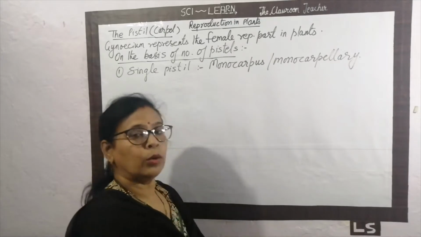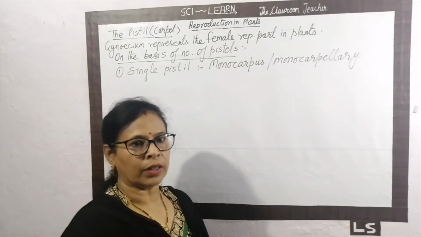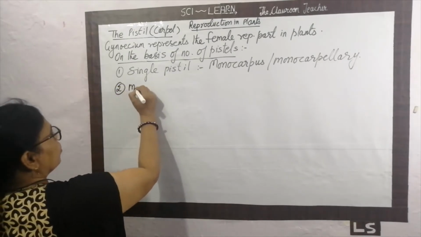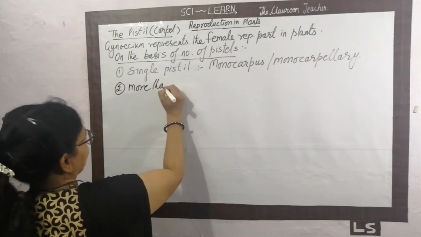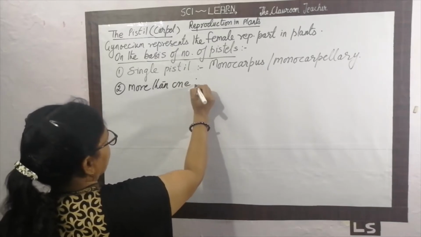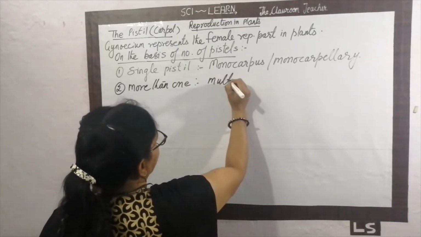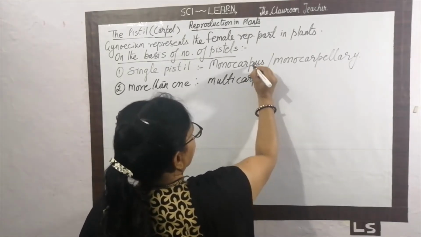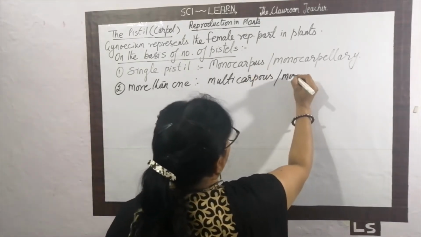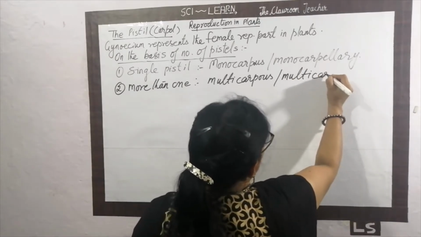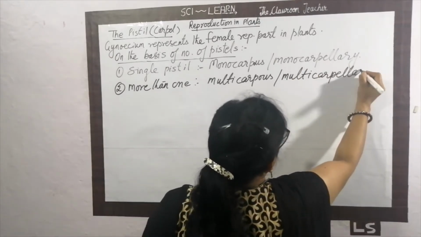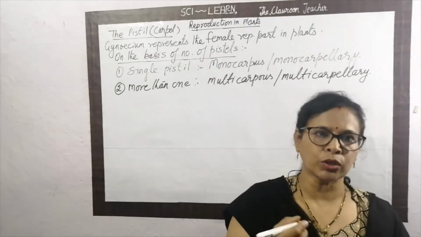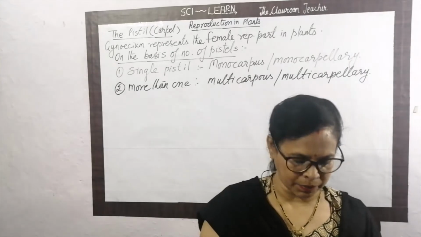If more than one pistil is there, then it is called multicarpous or multicarpellary. It is very much clear. One pistil is there in monocarpous, and if more than one pistil is there, it is called multicarpous.